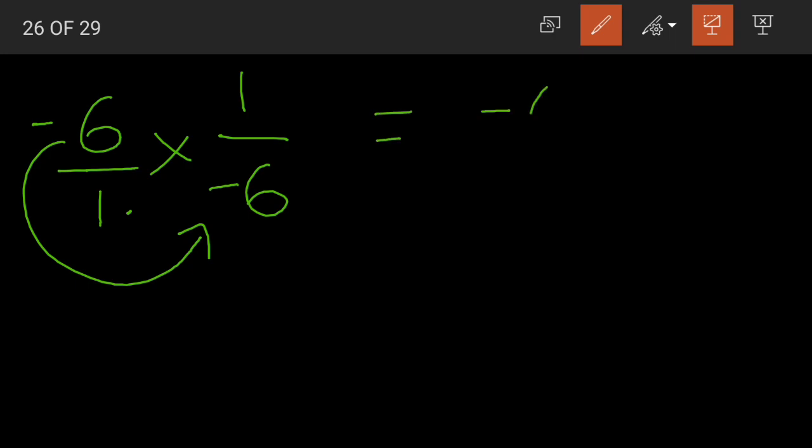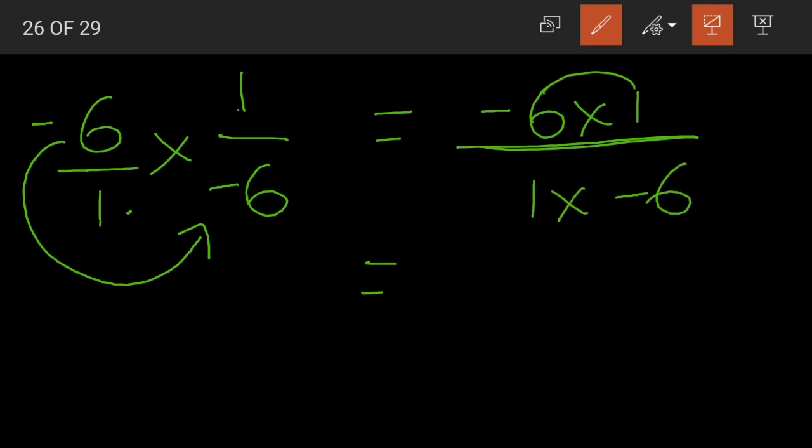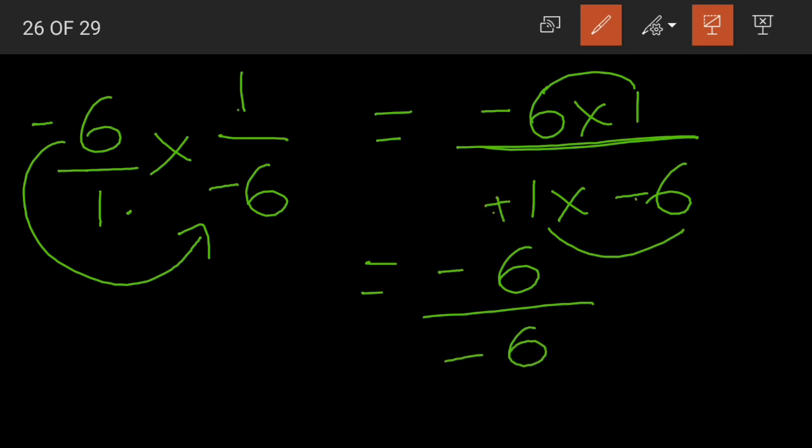How do we solve this? We will multiply the numerators first. Minus 6 into 1, divided by, we'll multiply the denominators, 1 into minus 6. 6 1s are 6. Coming to the signs, both the signs are different, so the answer will be negative. Here, we know that 6 1s are 6.